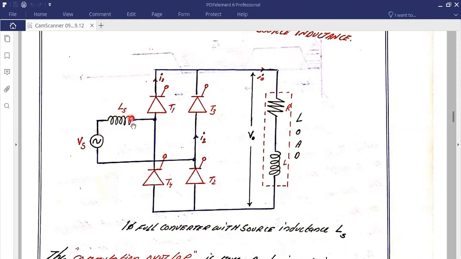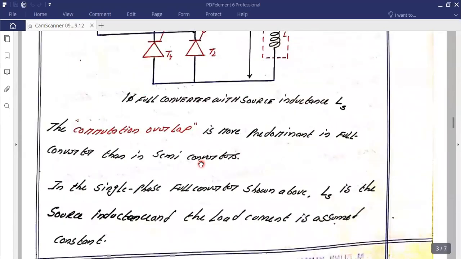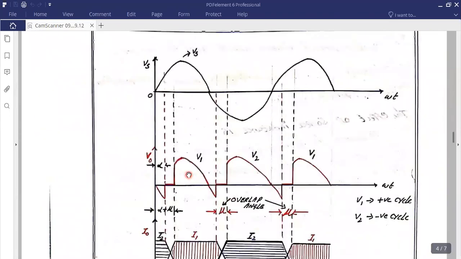In either case, the current moves through the source inductance, isn't it? As the source inductance is present, the current from the outgoing pair of devices is shifted to the incoming pair of devices with a lag. That can be observed here in the corresponding waveforms.